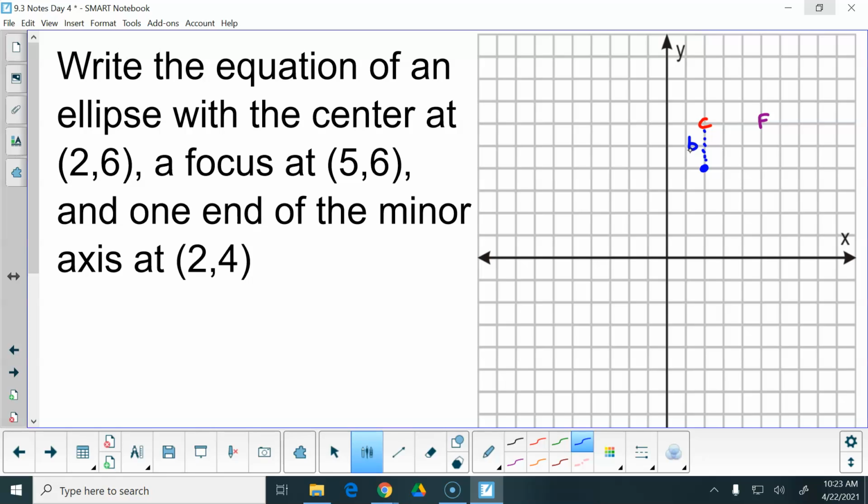Oh, so we have the focus. What letter? It's C. Okay. Whoa. This distance here is C. C is the distance to the foci. Okay.